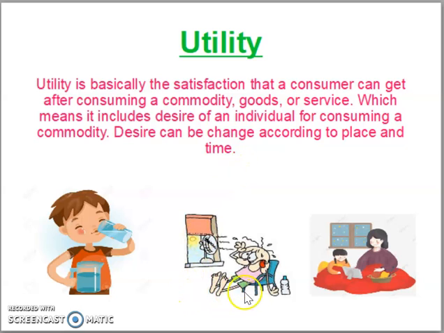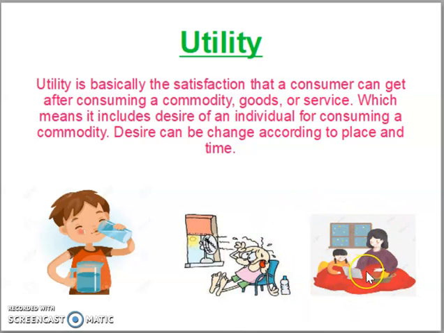Suppose this person is living in a place which is very humid and hot, and this person is living in a place which is quite cold and there is snowfall, so they both have different requirements. He will need an AC or an air cooler or something like that, but this person will not need the same thing.